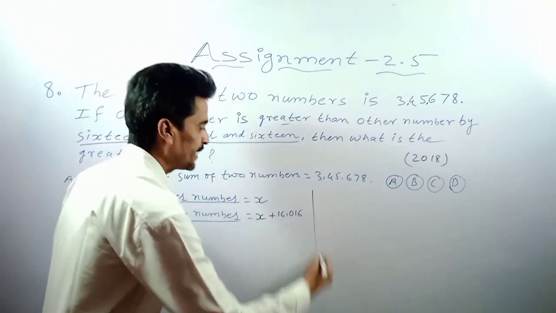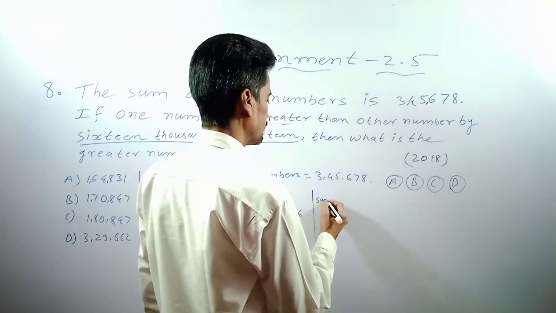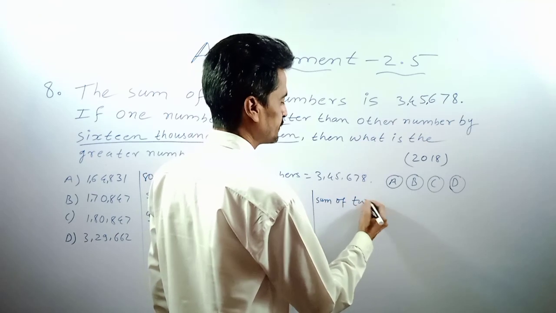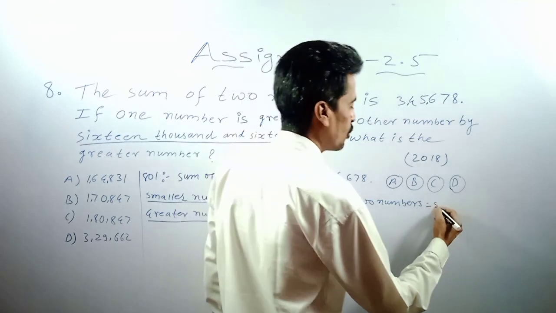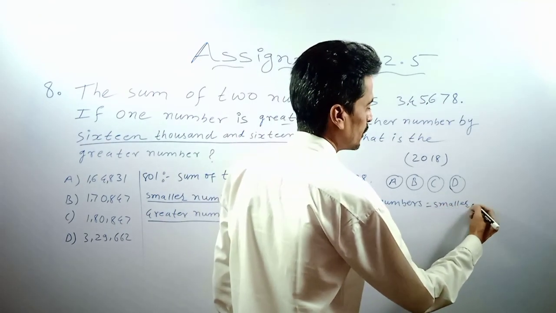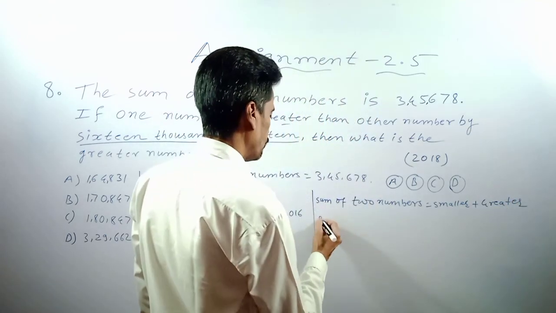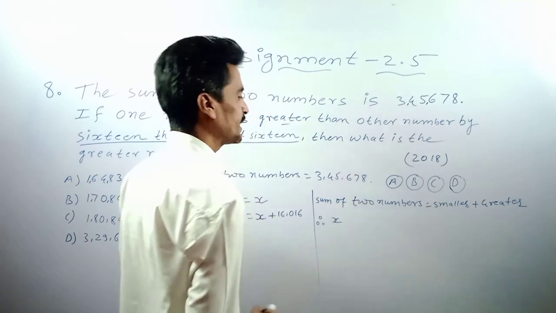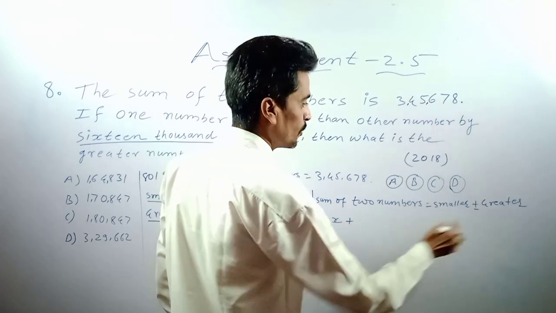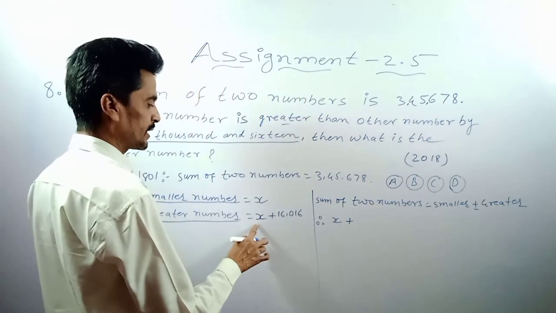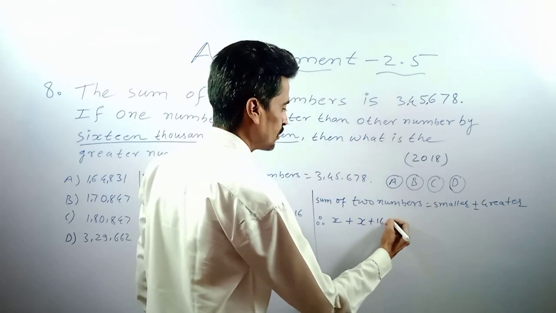Now find out the greater number. Sum of two numbers equals smaller number plus greater number. The smaller number is x. Sum means addition. The greater number is x plus 16,016.